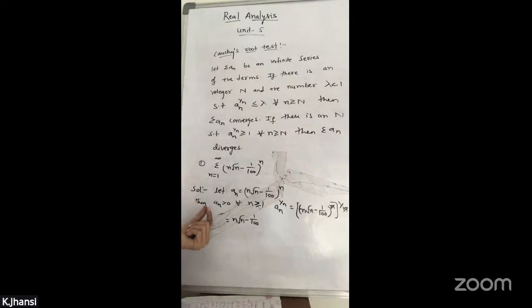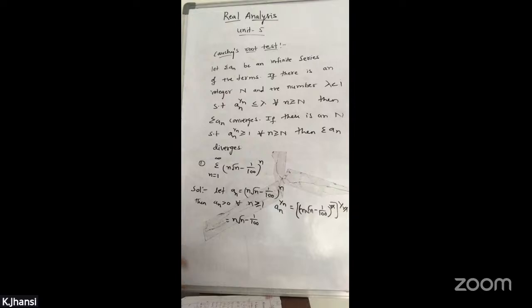Here we know that n tends to infinity, so n is greater than 0. If you take n greater than or equal to 1, say n as 1, then 1 root 1 is 1, so 1 minus 1 by 100 is 99 by 100, which equals 0.99.